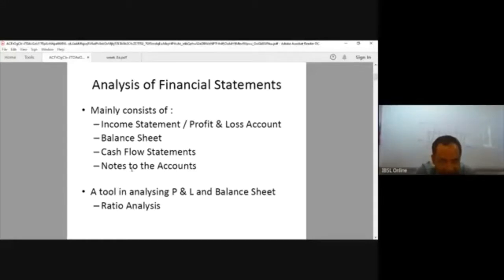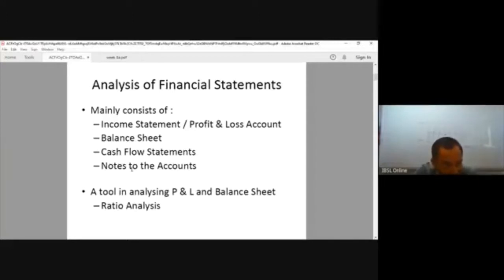The profit and loss account is prepared for a period, and that shows the book profit made. That means you charge everything on an accrual basis. This is an accrual basis thing.